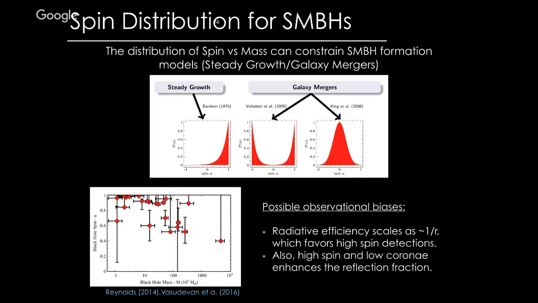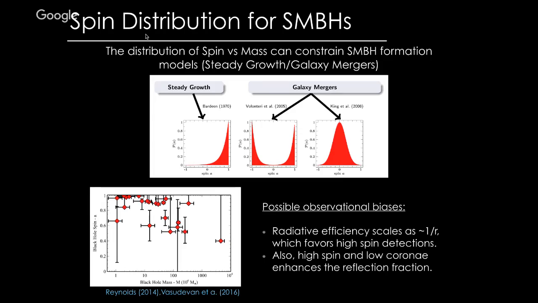And so far, using this technique, we have measured spins for several supermassive black holes in AGNs. The figure at the bottom shows an actual distribution of spin versus mass compiled recently by Reynolds and also by Sudaman in 2016. And the problem here is there are many big error bars, as you can see.